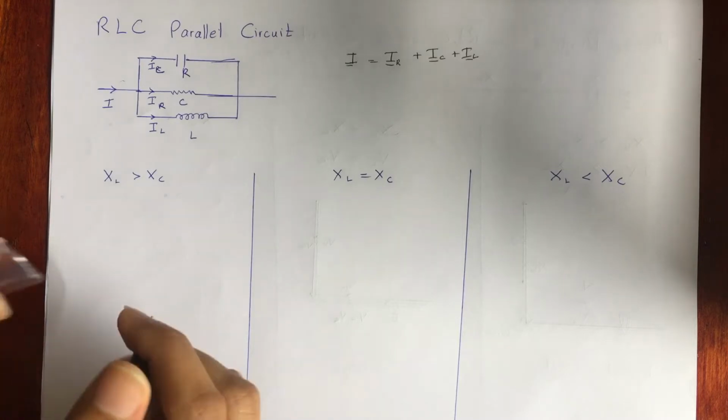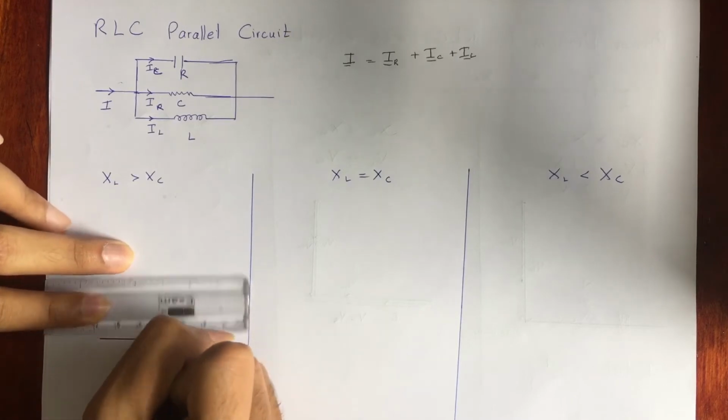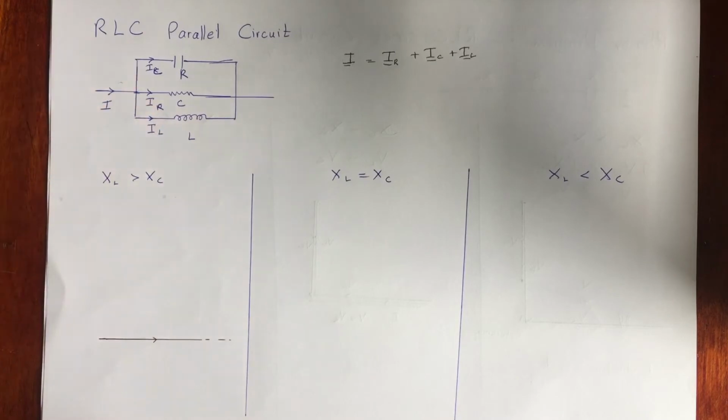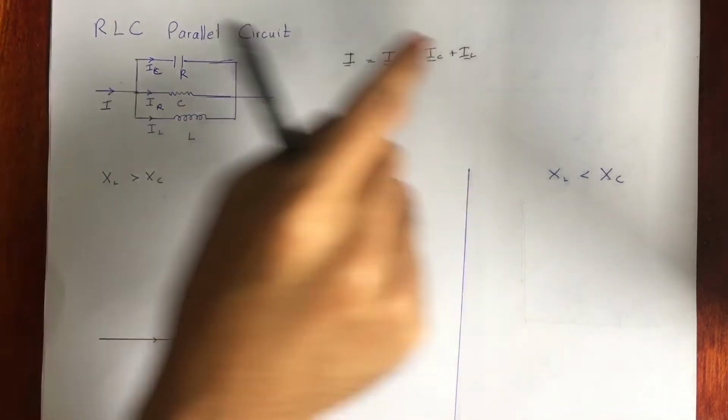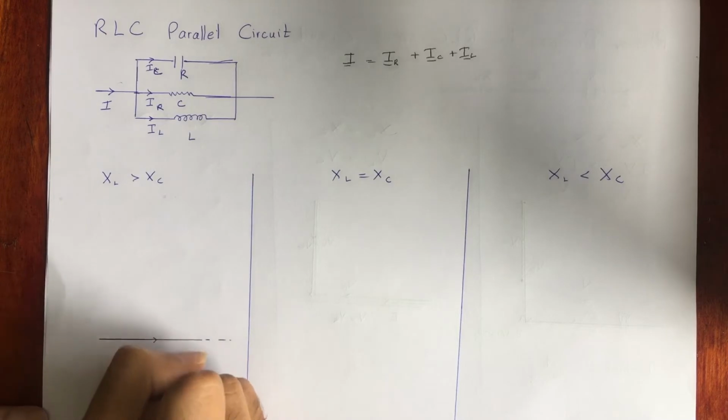So we can directly take that voltage as the reference line. However, when we consider IR, IC and IL, the current is going to change for each element. So let's draw the phase diagram.